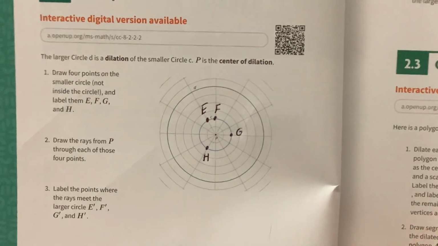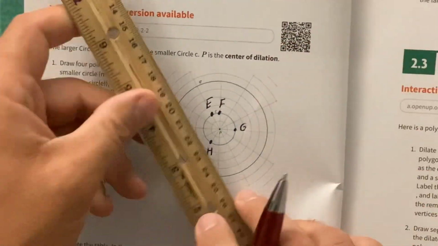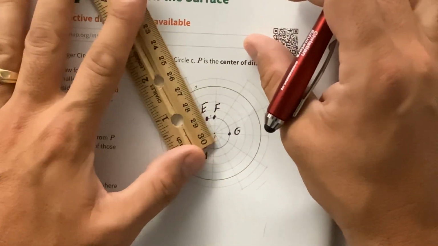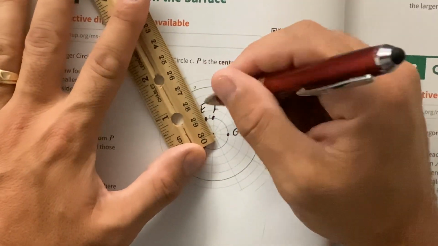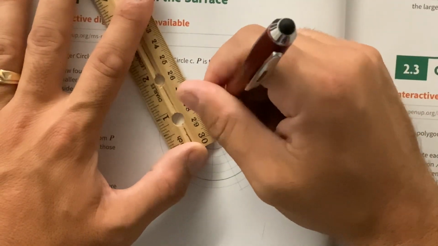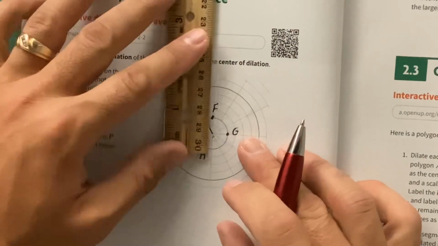Everybody know what a ray is? A ray just has a starting point and it goes off in one direction. So if you have something to draw a straight line with, otherwise there are rulers up here. It wants us to just connect P all the way through our points.